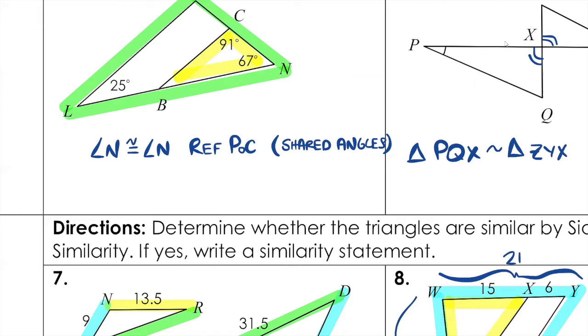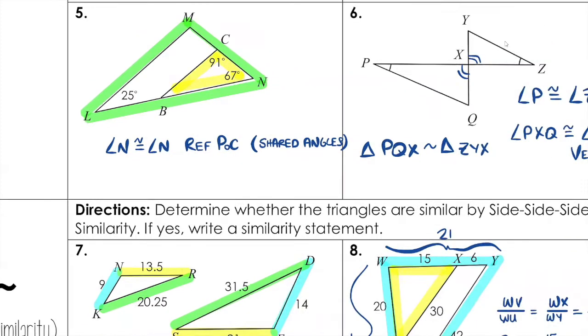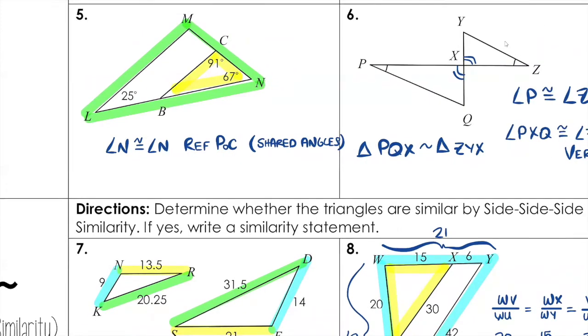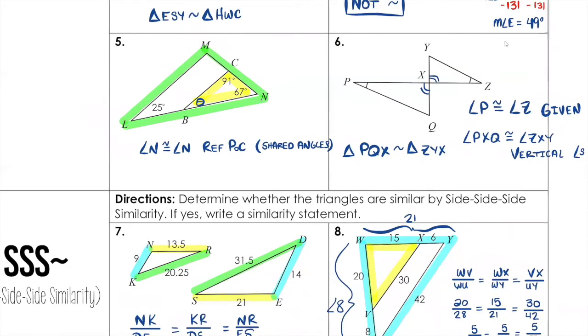All right, we need one more piece. Which one do you want to find? You want to find that chunk right there of B? All right, let's find that one. So the measure of, what do you want to call it, NBC, plus 91 plus 67 equals 180. 91 and 67, somebody hook me up.